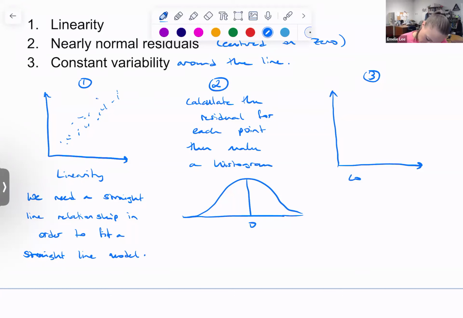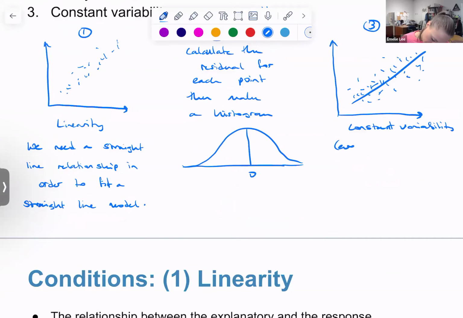Or let's do one versus the other. Constant variability. You've got a line, and you've got essentially just kind of even scatter around the line.